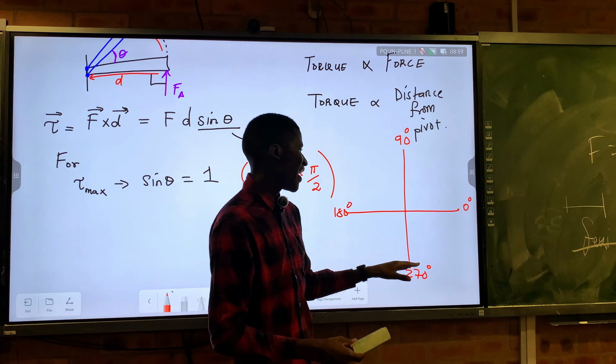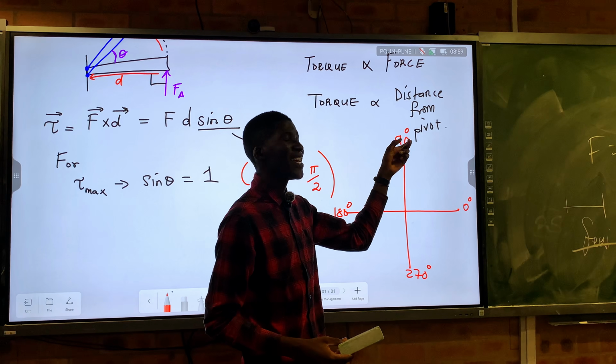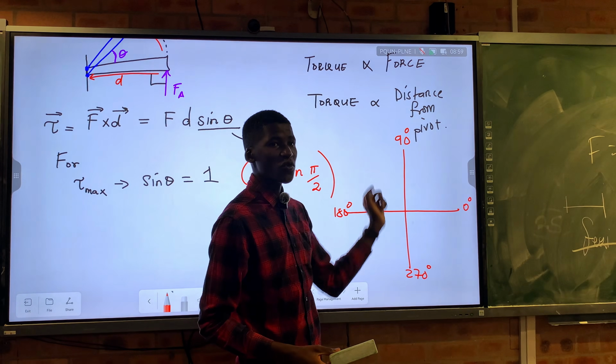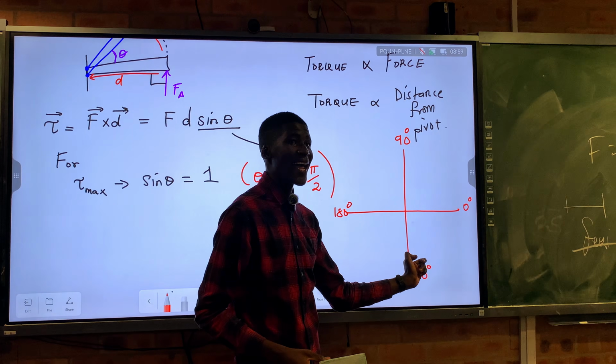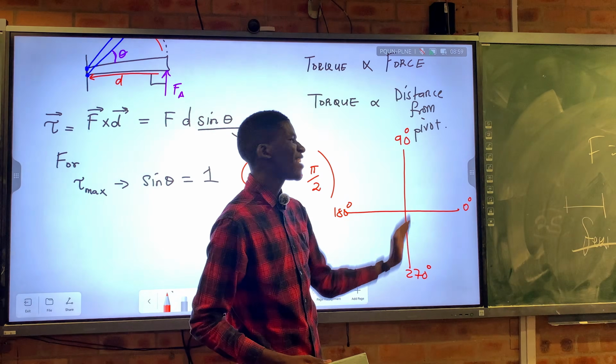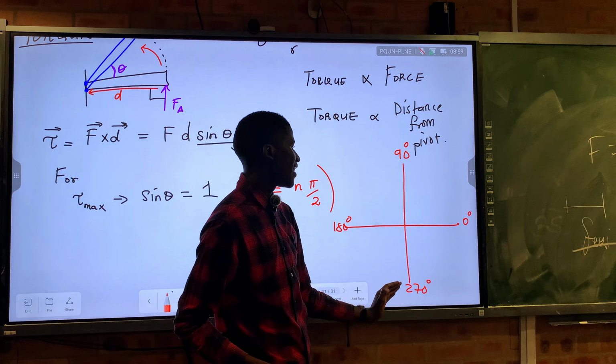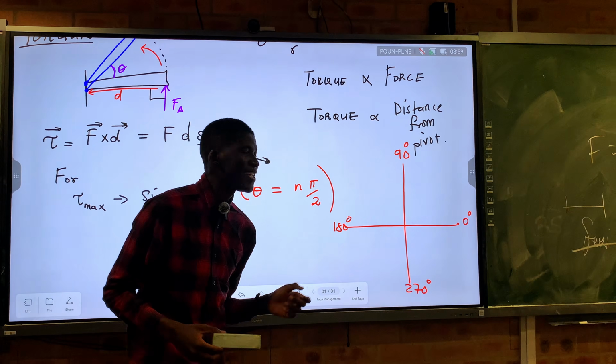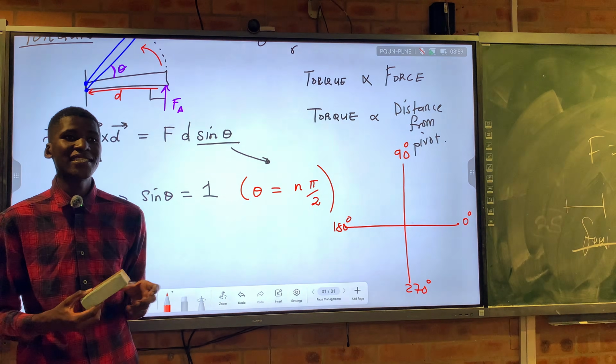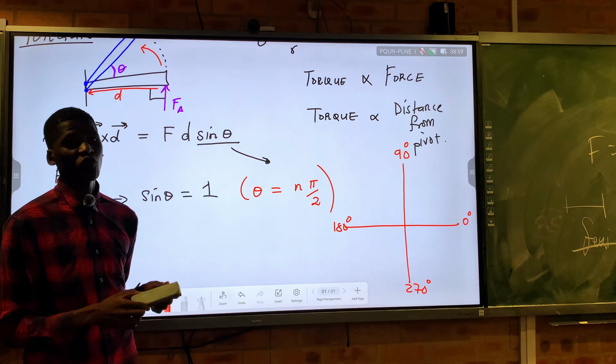If I keep on adding 180 to this, it's still on the same line. As long as your angle is an integral multiple of 90 degrees, it is going to give us 1.